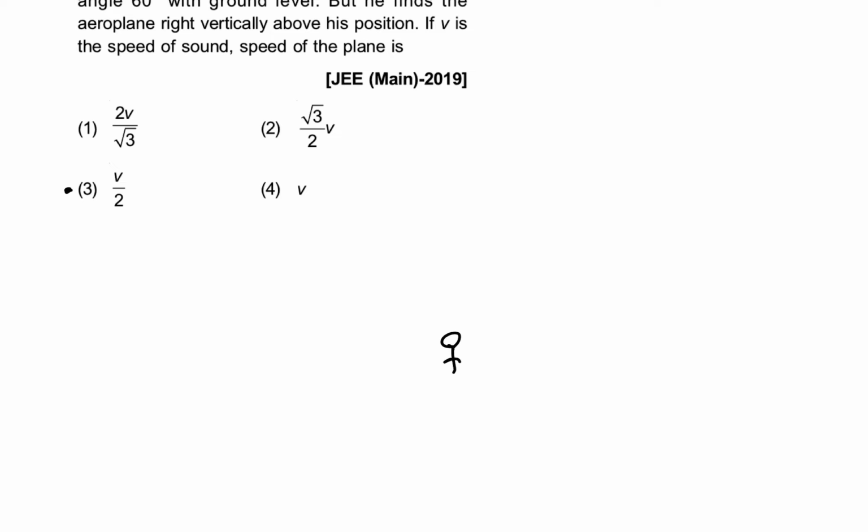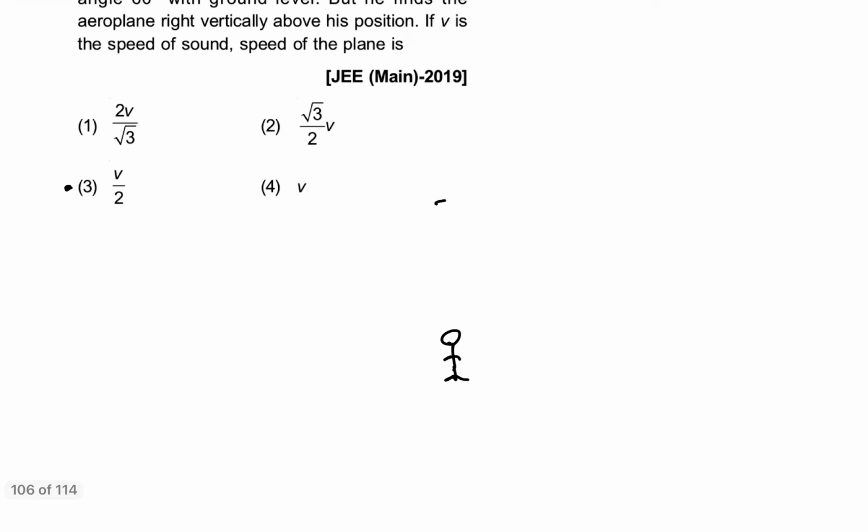I am writing. You can observe that a person is standing somewhere here. Now he observes that a plane is somewhere. This plane is producing the sound waves. Whenever it moves in the forward direction, the plane reaches some other location. Let us consider the plane is reaching this point.